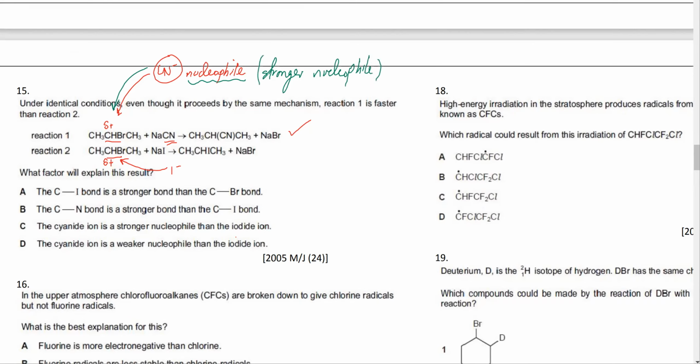Remember that the negative charge is on this one too, I -1, but all negative charges are not exactly the same. Some negative charge density is stronger, so the attraction is much stronger. So the correct option for this would be option number C.